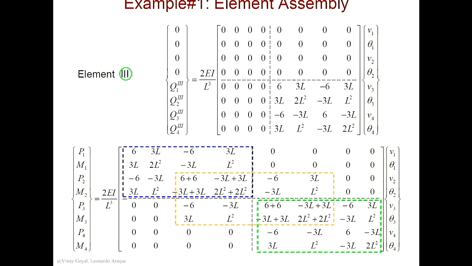We can put numbers for each row and column, remember? 1 through 4, and then assemble it the old way. That works too. So now I have my 8 by 8 matrix. I have my unknown quantities here, and then I have the external loads. These are the external loads now, because the internal loads from one element to another add up to be equal to the external load.